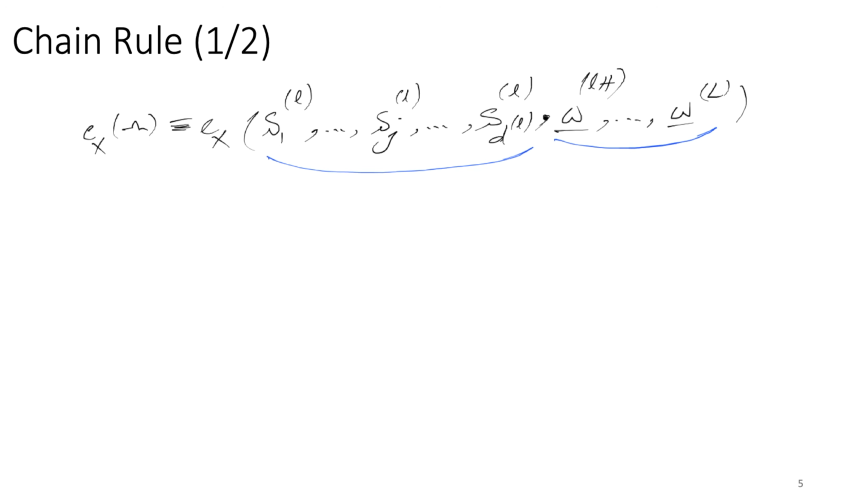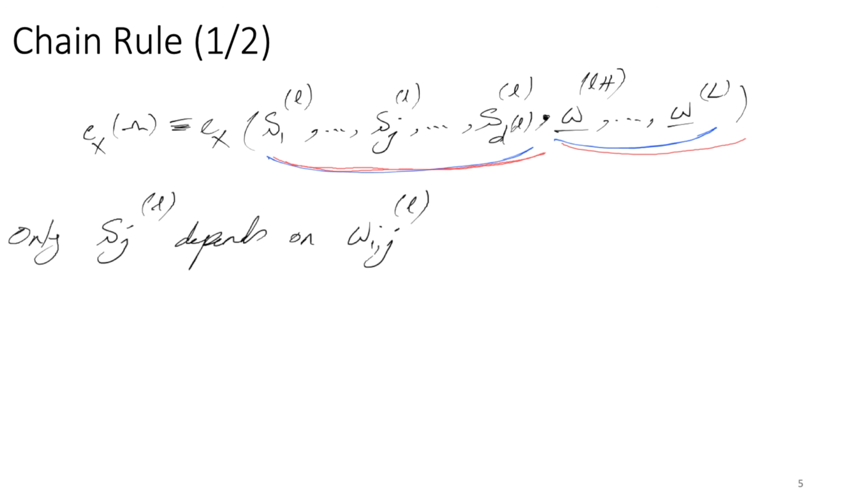So this is basically what's happening here. Your model parameters represent the error you found, E_n, and it's dependent on S, your signals, S1 up to S_d(L), and your weights, right? So you're going to have two different functions here. But only Sj depends on Wij. If you take a look at the neural network from above, that's the last layer.